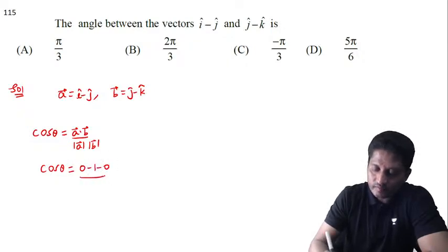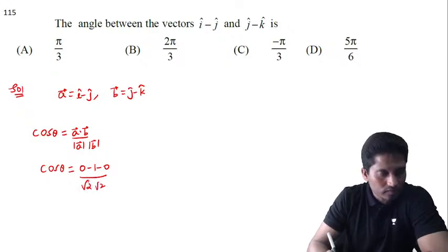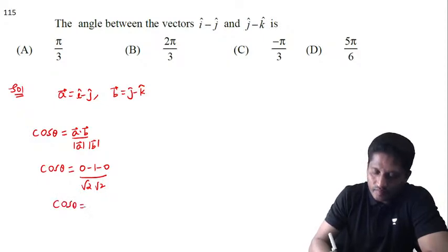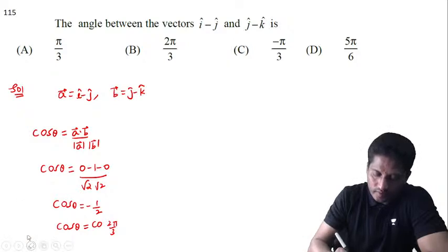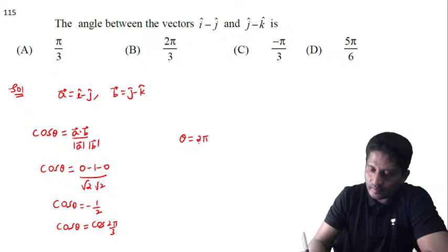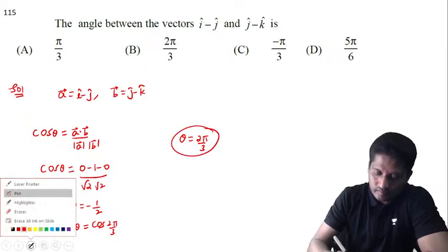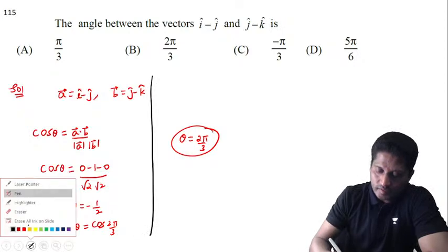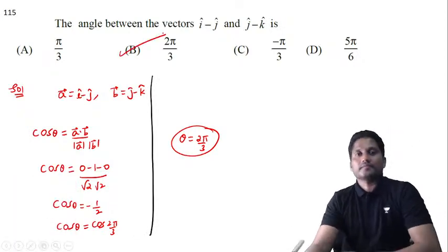Modulus of A is root 2, modulus of B is root 2. Cos theta is equal to minus 1 by 2, so cos theta is equal to cos of 2 pi by 3. Theta is 2 pi by 3. Answer is option B.